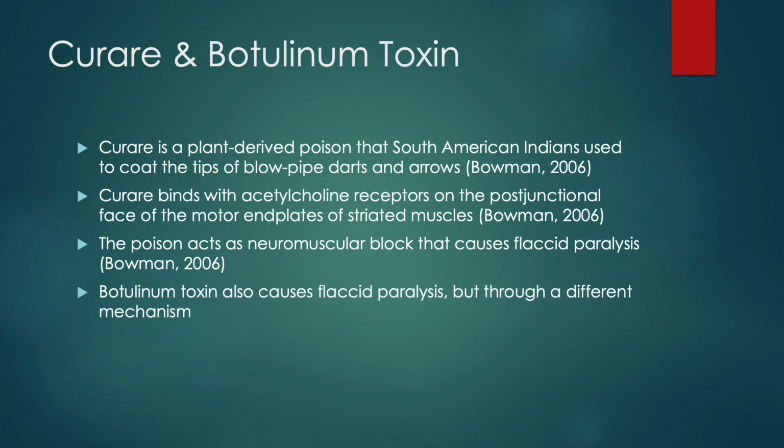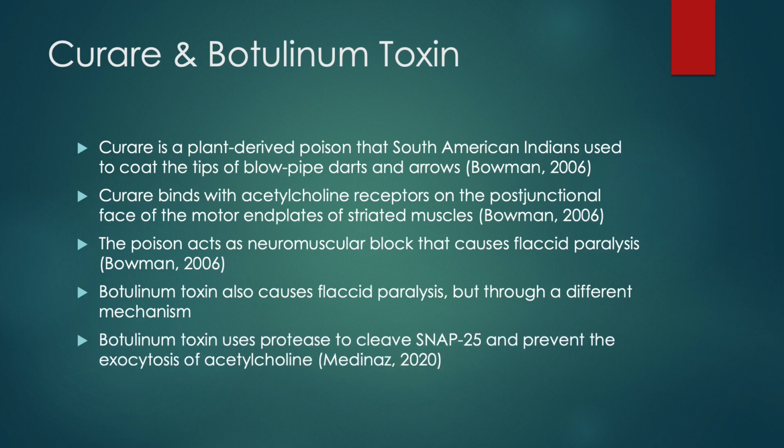Botulinum toxin, however, also causes flaccid paralysis, but it does so through a different mechanism. The way botulinum toxin works is it will use protease to cleave the SNAP25, and that will prevent the vesicle from being able to connect to the cell membrane.